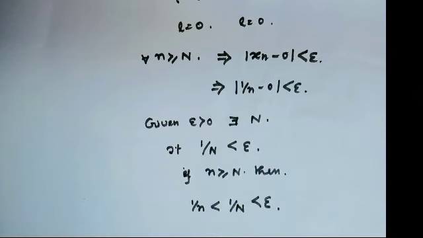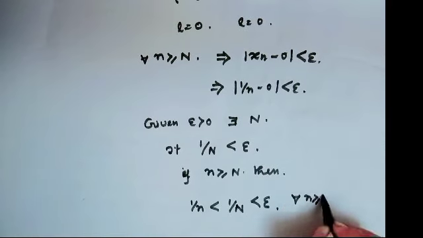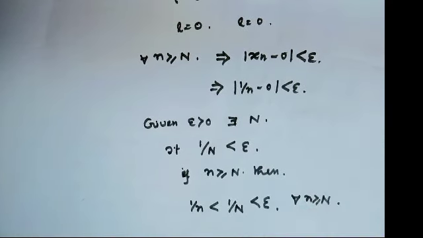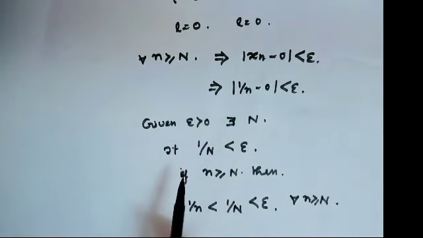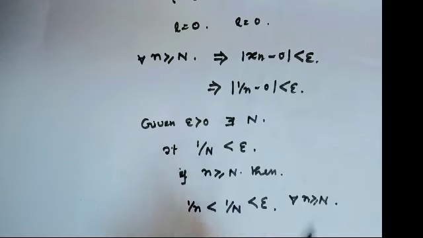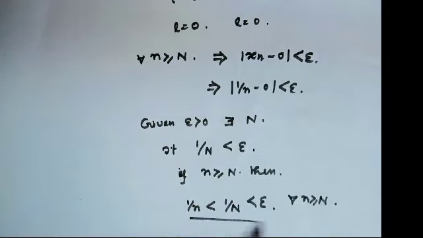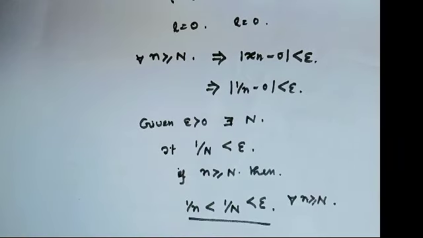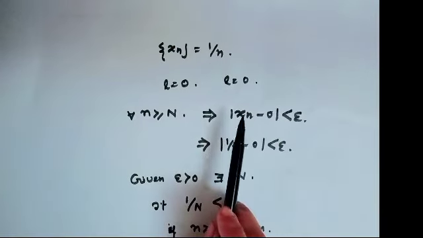Well, and this is true for all n greater than or equal to N. That means I could find such a stage capital N. So after this stage capital N, all terms of the sequence are less than epsilon. Okay? So the sequence always converges to 0.